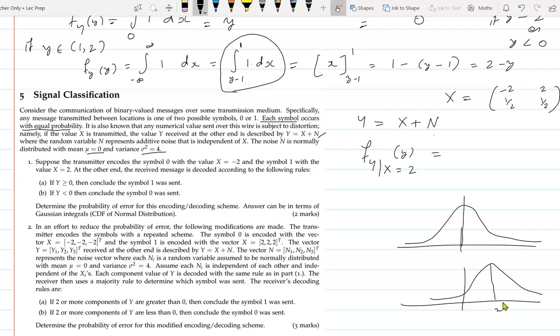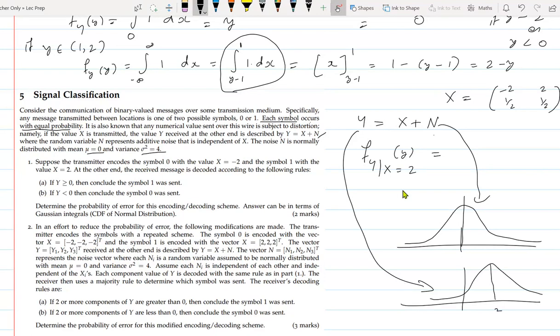You agree? Initially this normal random variable was looking like this. But you added a 2 to that normal random variable, so now this random variable will look like this. So we actually know the density function of y given x equal to 2.